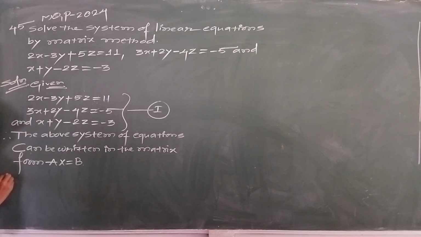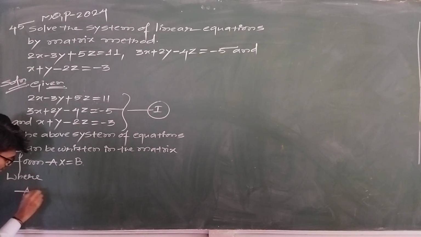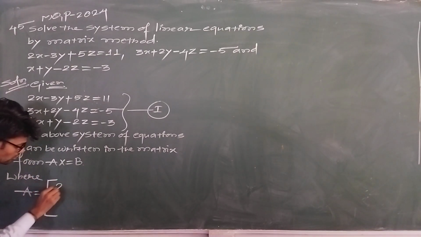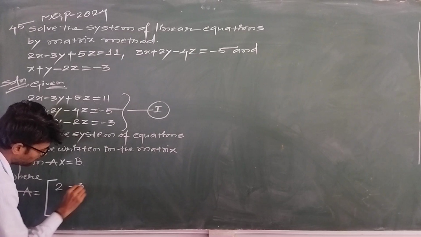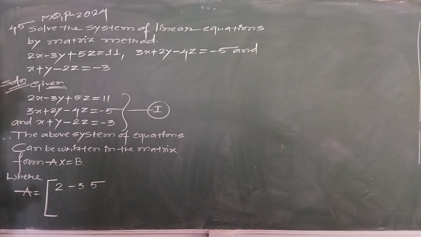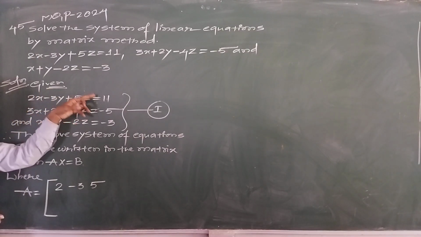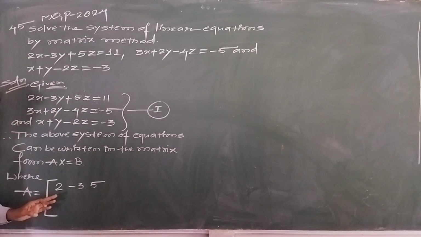So I will write here, where A is equal to the value of A. I will write 2, minus 3, 5 in the first row. 2, minus 3, 5 are the coefficients of x, y, z taken from the first equation.